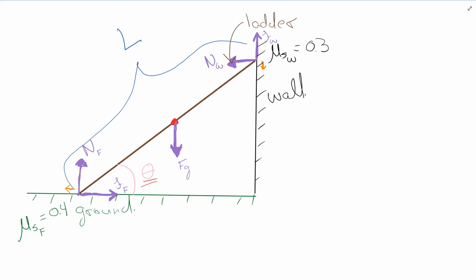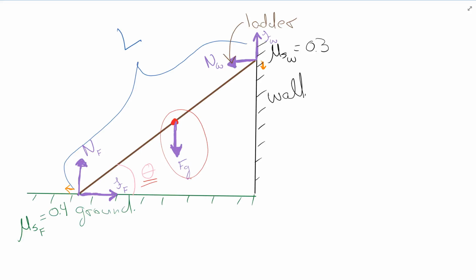The variable that I'm definitely missing that's pretty huge for us is the mass of the ladder, the variable that would help us find this FG. And that's a problem. So I'm going to pick that point to be my axis of rotation so that I can eliminate that FG force from being a thing. Now, I don't have to do that.